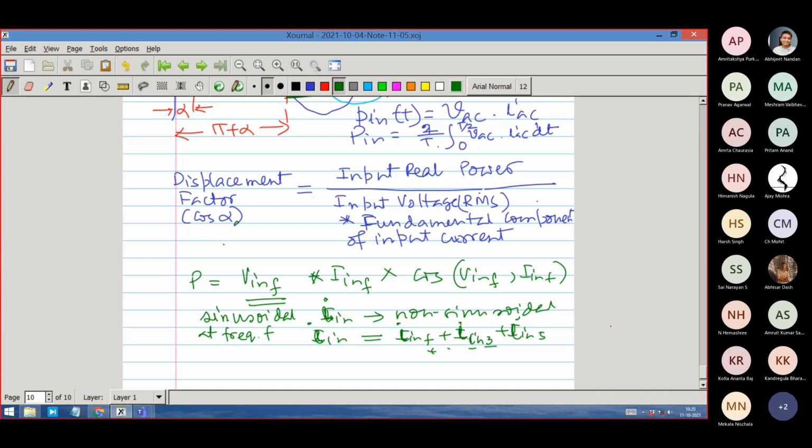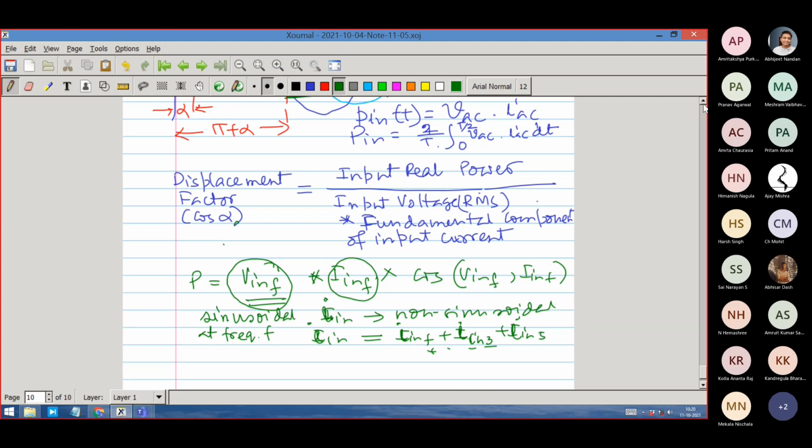Power comes only from the product of voltage and current components of the same frequency. Had the voltage also had a third harmonic component, then you should have taken the third harmonic component of current into consideration. But since the voltage has only a sinusoidal component with no higher harmonics, we only take the fundamental component of the current and its RMS value, and then the first year knowledge comes into play: the cosine of the angle between this and this.